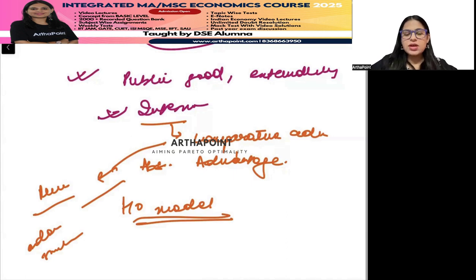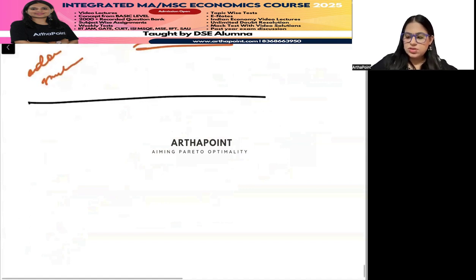So this is it. The cutoff is not very high, but it is not very low either. So I would suggest you practice well for this exam. As far as the cutoff for 2000 was concerned, let me give you some detail here.